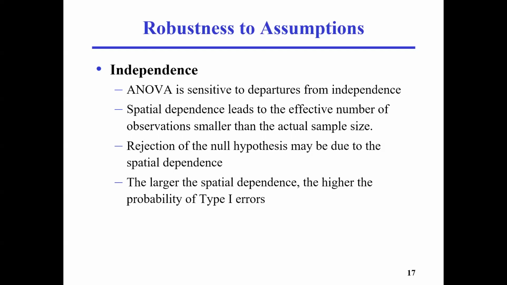So what is spatial dependence? Let me give you an example. For example, you're trying to survey the housing market of a specific city. After the survey, you find out that most communities in this city have relatively similar mean housing price.